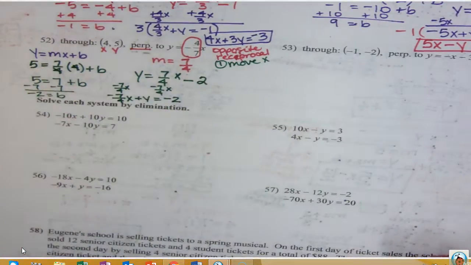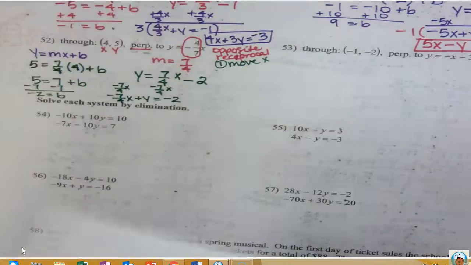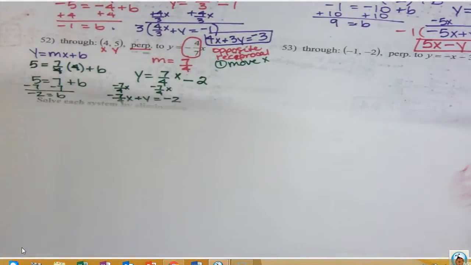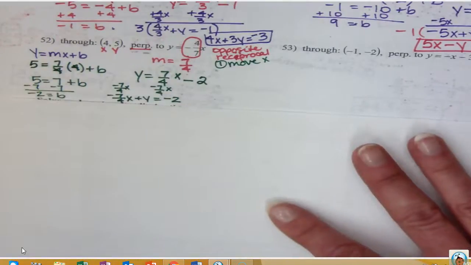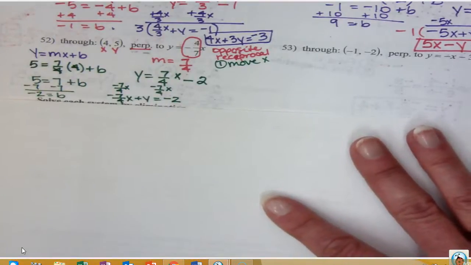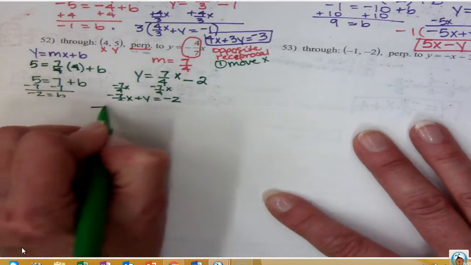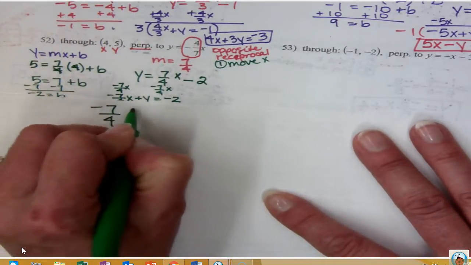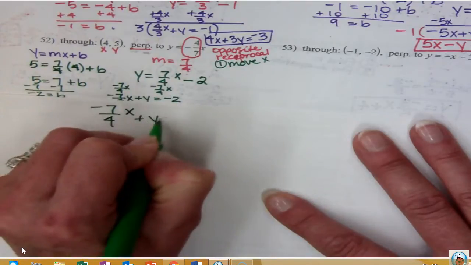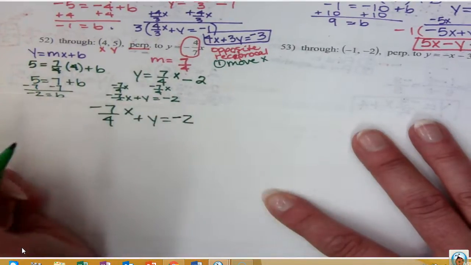But there is a problem with that because I'm not allowed to have a negative or a fraction. So I need to get rid of both. And I can do that in one step. I'm going to write this bigger. -7/4x plus y equals -2.